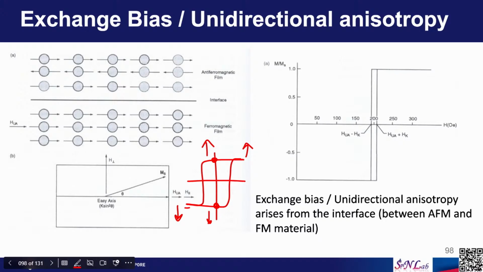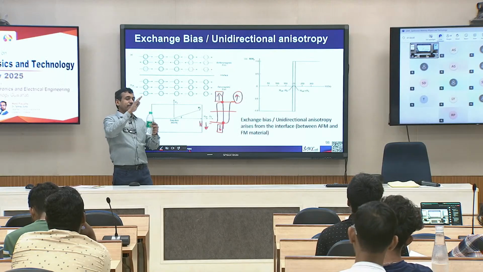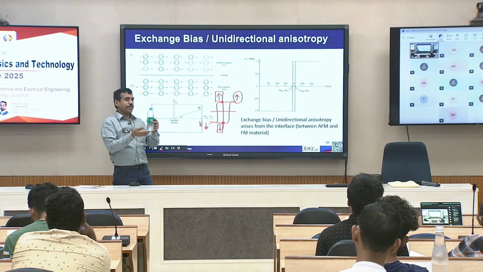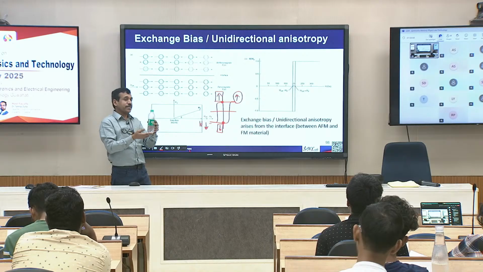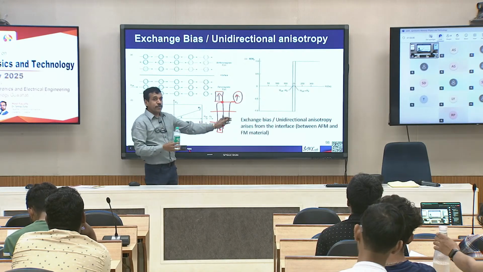If you saturate along this direction and remove the field, your magnetization is pointing up. If you apply field in the down direction and remove it, your magnetization is pointing down. That means you may have north pole here, south pole here, or south pole here, north pole here, depending on which field you apply.